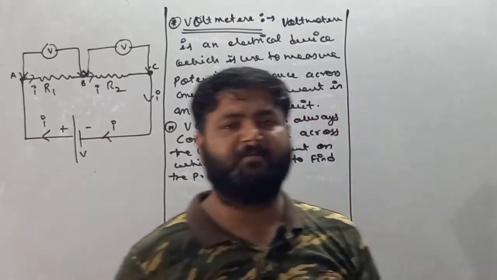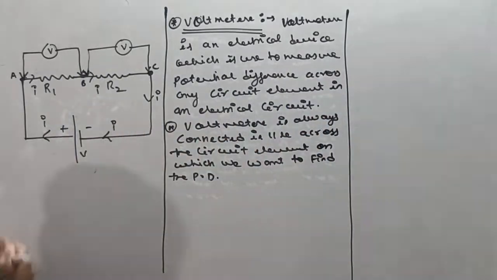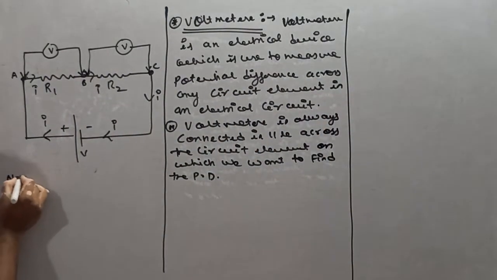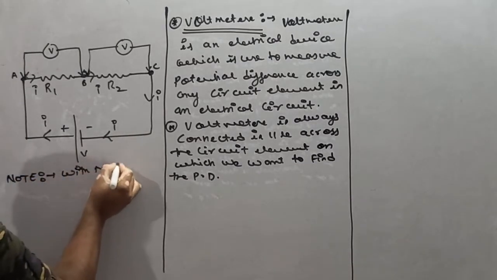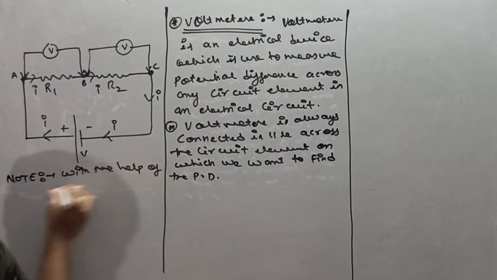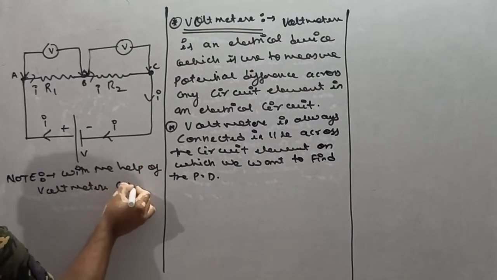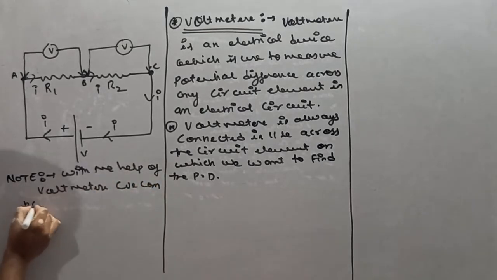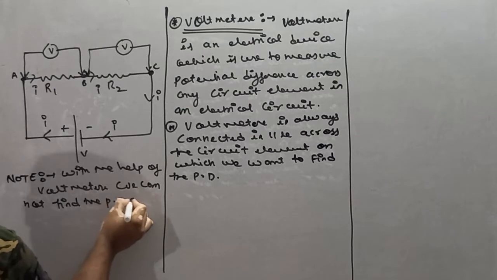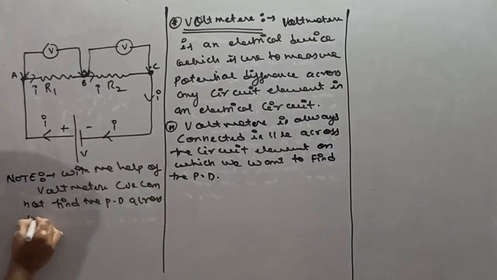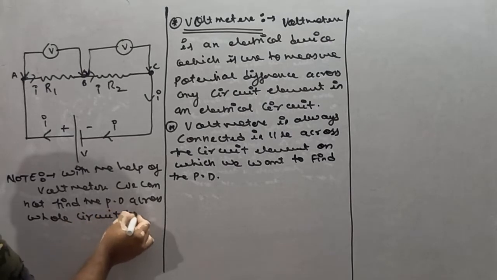So write down in form of a note: with the help of a voltmeter, we cannot find the potential difference across the whole circuit together.